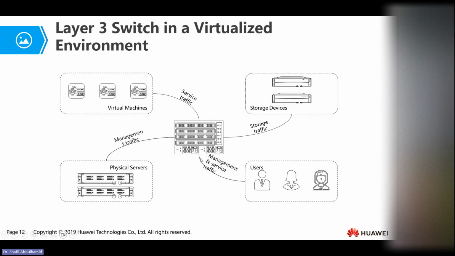Last but not least, we have what is called management and service traffic, which is traffic that other users, me and you, can send and receive between our devices and the layer 3 switch, or it goes to the router for further communication or routing. So these are the important things that we need to know about this.